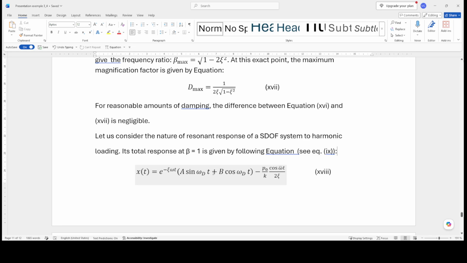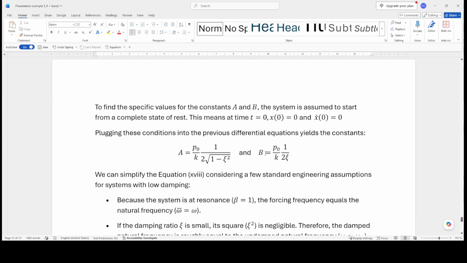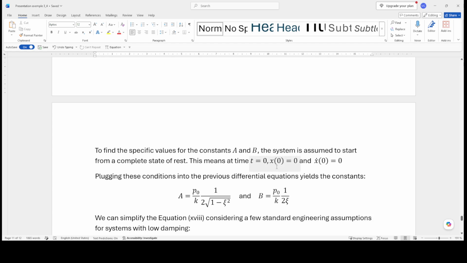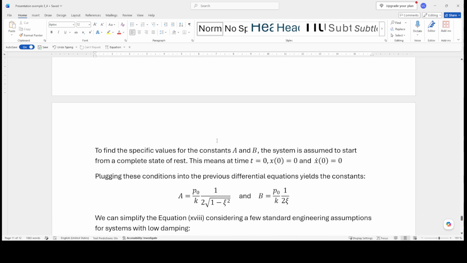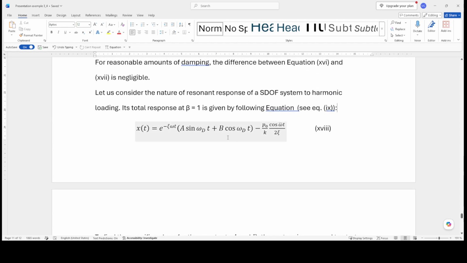We can remember the displacement is given by this equation, and now we want to calculate the constants A and B in this equation.